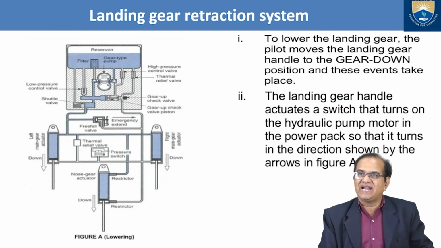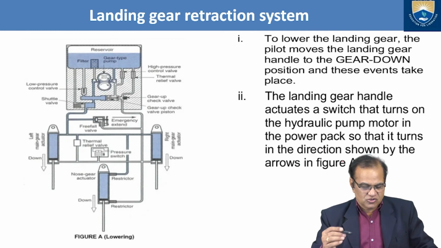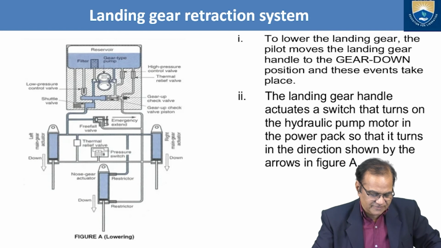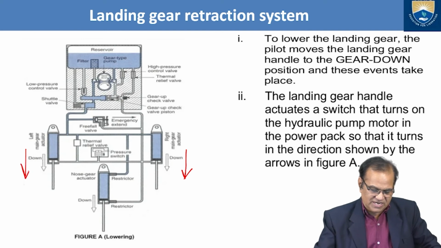The landing gear handle actuates a switch that turns on the hydraulic pump motor in the power pack, so that it turns in the direction shown by the arrow in figure A. If you see here in this figure A, the fluid is moving like this. The direction is like this.